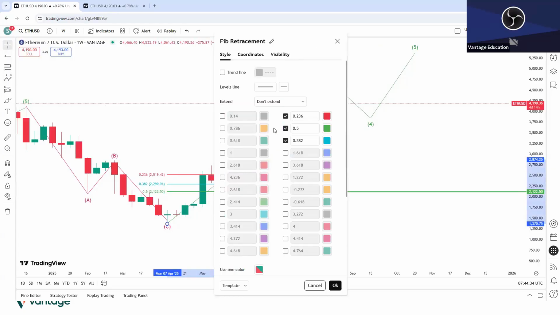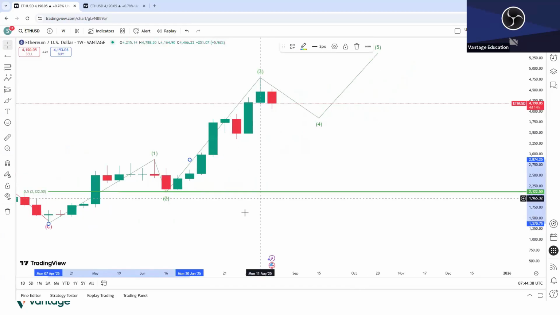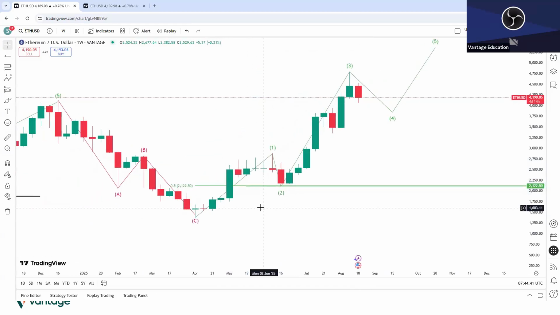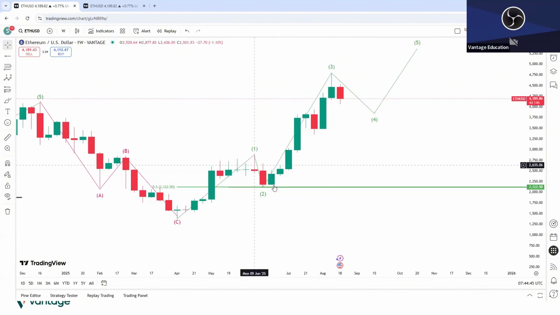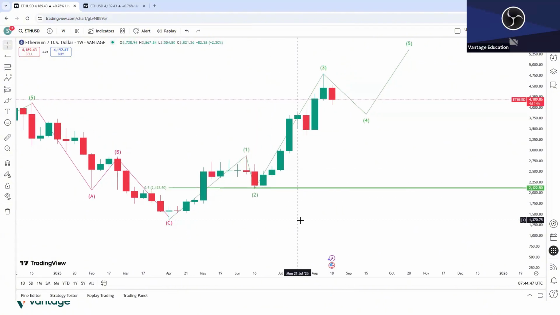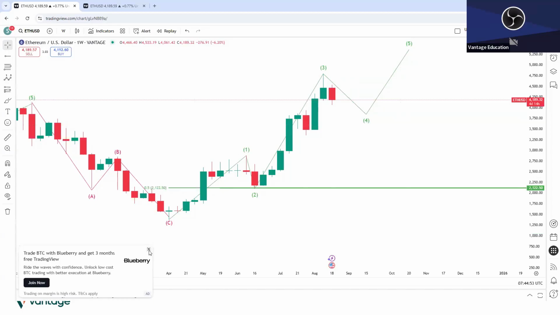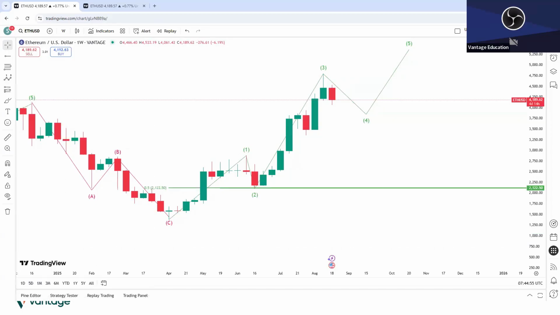So it gives me confidence that I should be on the correct wave count, because wave 2 is following the guidelines really nicely. The next guideline, wave 3 is usually 161.8% of wave 1.